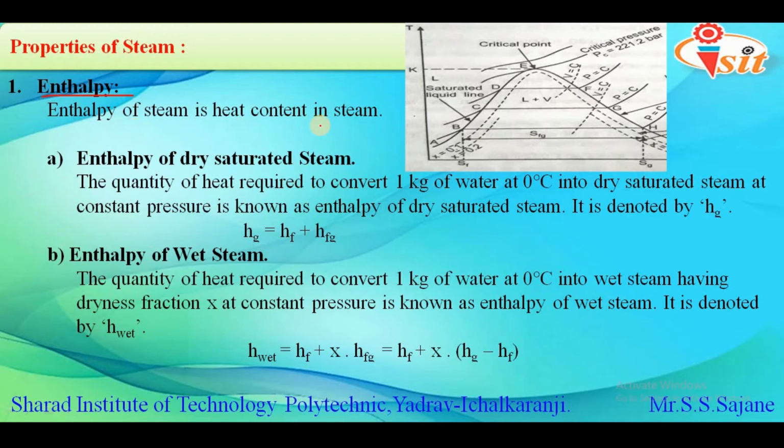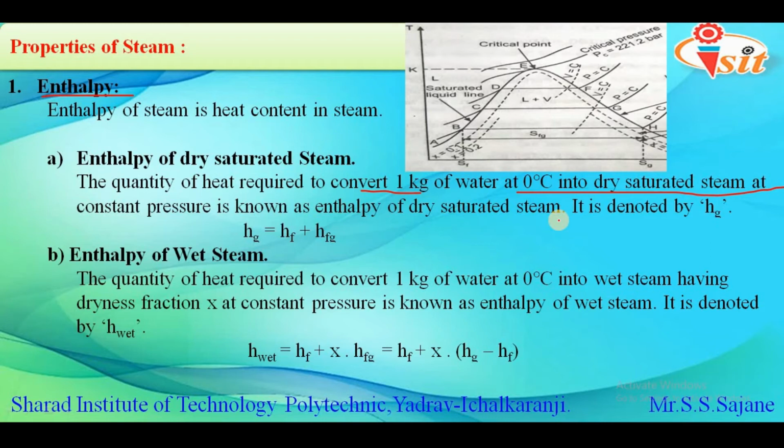Now we will see how to calculate this enthalpy, or what is the enthalpy of dry steam. The quantity of heat required to convert 1 kg of water at 0 degree Celsius into dry saturated steam at constant pressure is known as enthalpy of dry saturated steam.